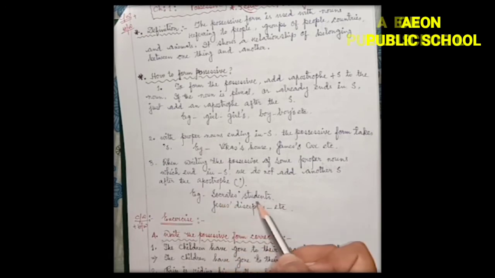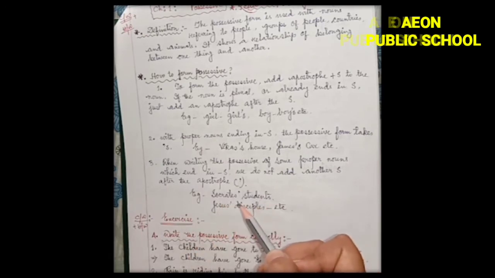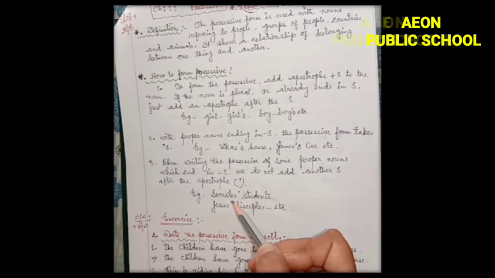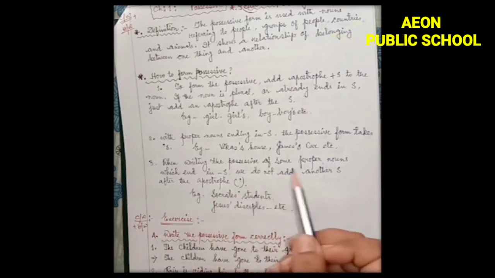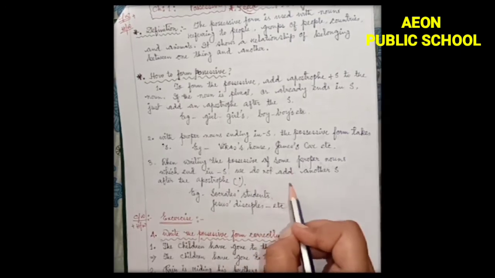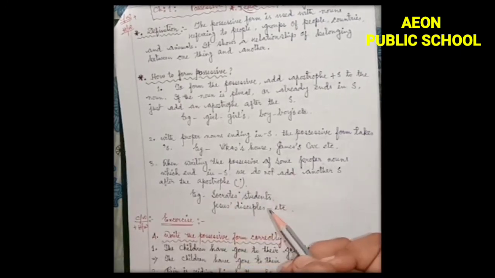Socrates' students. Some possessive proper nouns already have an s, so we do not have to add another s after the apostrophe. We just put the apostrophe after the names.